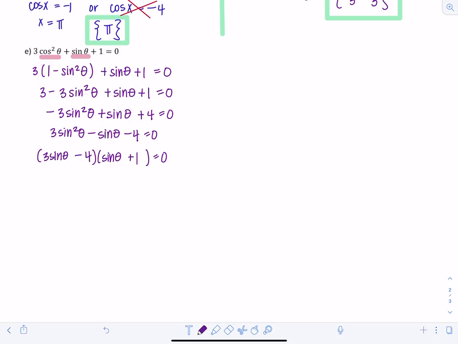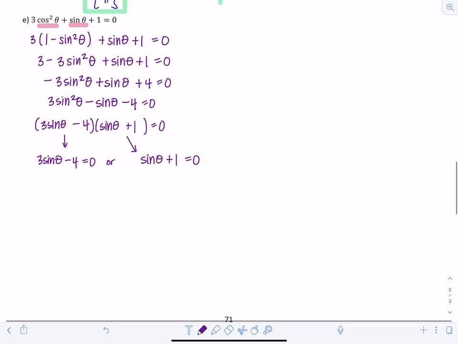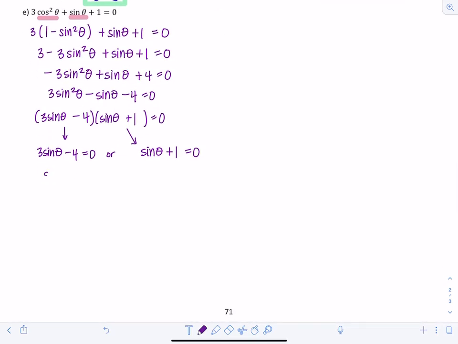Okay, then using the zero product property, I'm going to have 3 sine theta minus 4 equals 0, or sine theta plus 1 equals 0. And then solving each of these, this would tell me that sine theta is equal to 4/3. Well, when is sine theta equal to 4/3? 4/3 is bigger than 1, so this is not possible. That equation will not give us any solutions.